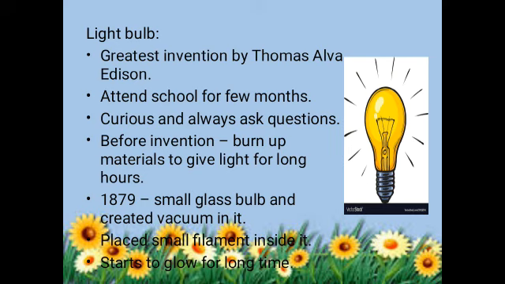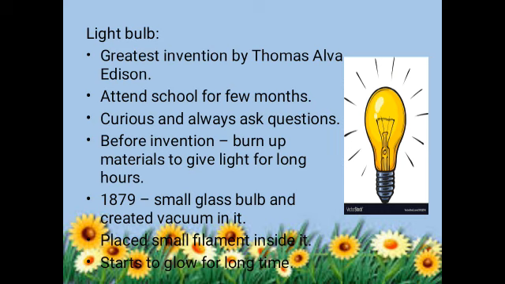In 1879, he created a small glass bulb and created a vacuum in it. And with the help of a filament, he made that bulb glow for a continuous period of time, that is, for a long period of time. So this is the history of the invention of the bulb.